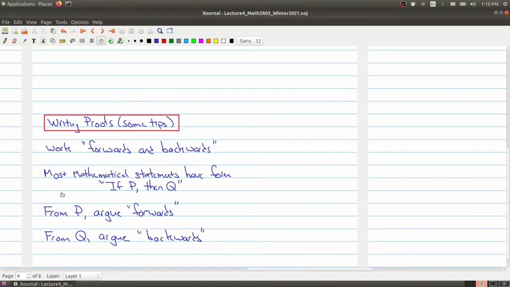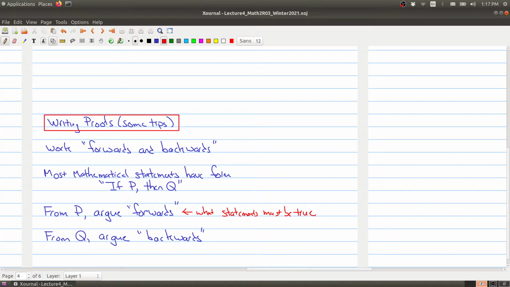If you look at most textbooks, most mathematical statements have the form: if P, then Q. There's a P, which is the hypothesis, and you want to argue forwards. What do I mean by that? You want to think about what statements must be true.